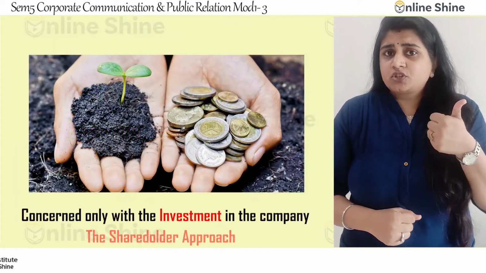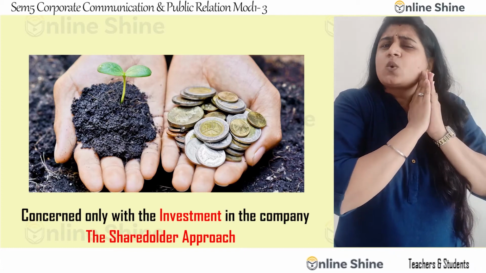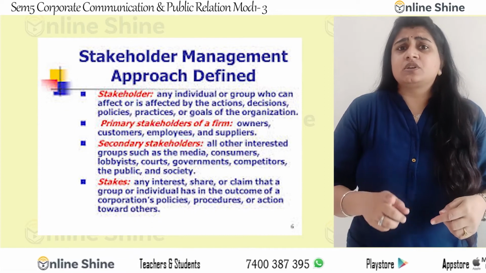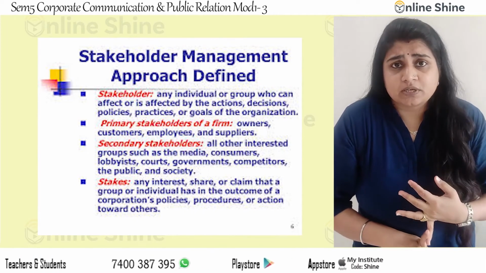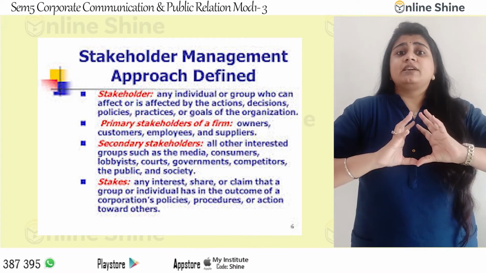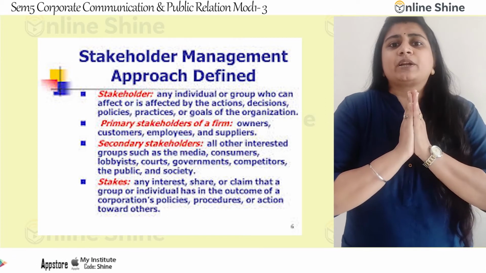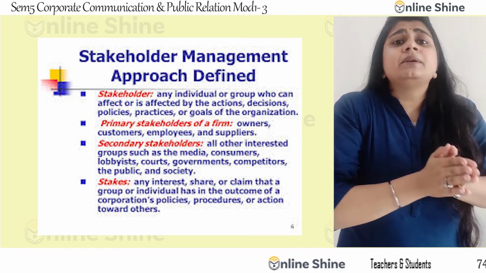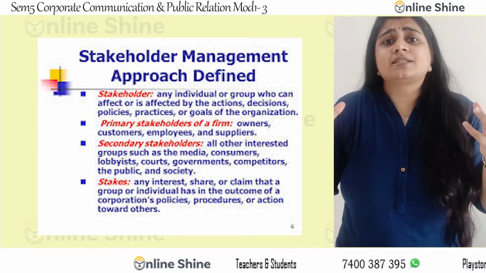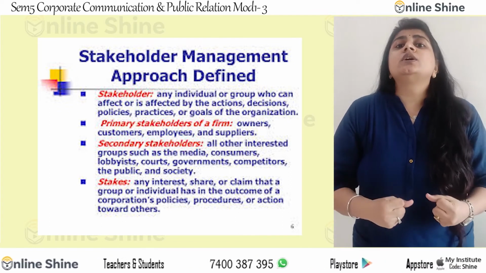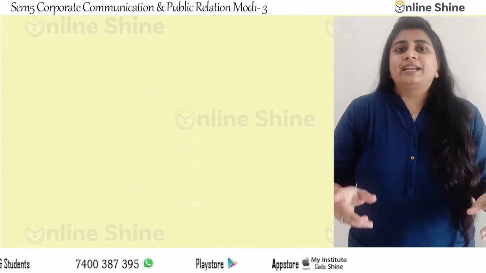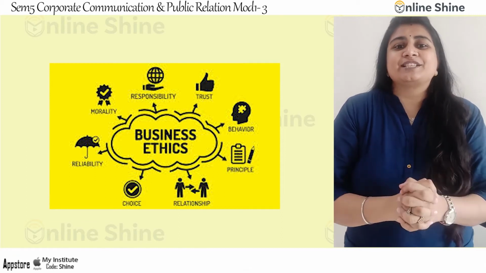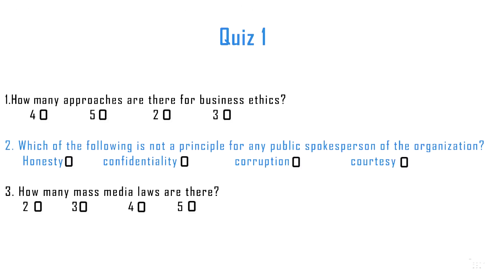The shareholder approach is restricted and prioritizes only the shareholders, and the stakeholder approach deals with corporate social responsibility parameters. So it's serving all the stakeholders. It's giving back to the customer, the consumer, the government, the environment by and large, its suppliers, its employees, its owners, its management. So that is the stakeholder versus shareholder approach that one follows with regards to business ethics.